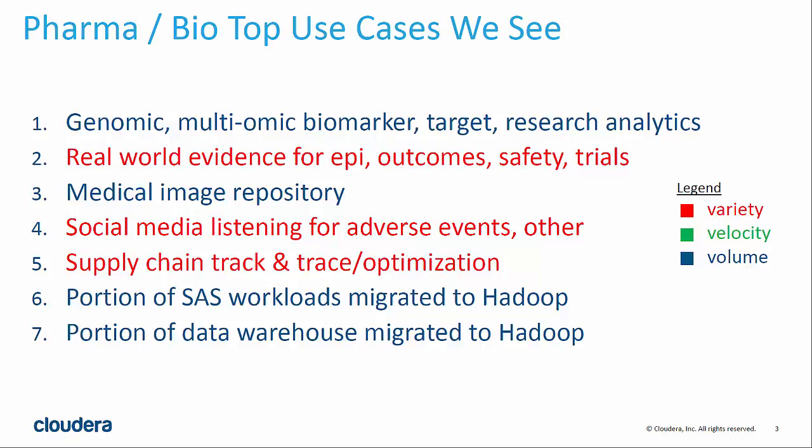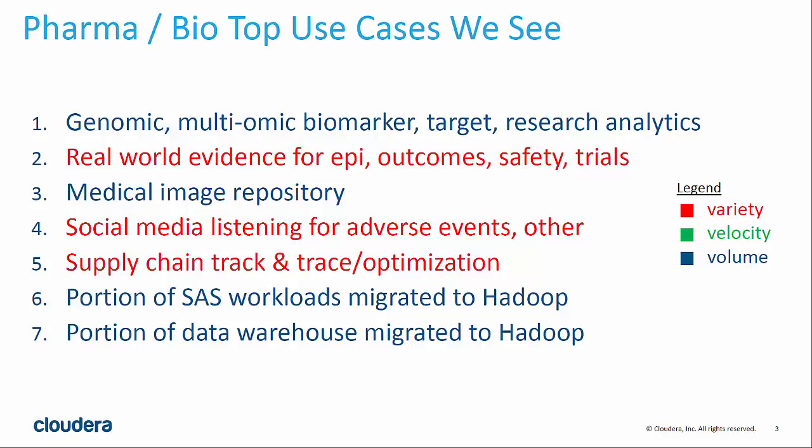If you see color well, these are color-coded, and the legend on the right includes the three most common 3 V's of big data. Variety, which means a wide array of different kinds of data sets being merged together, many of them not able to be modeled or stored in a relational table structure or relational database.